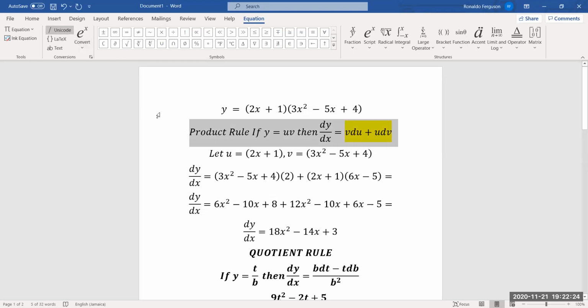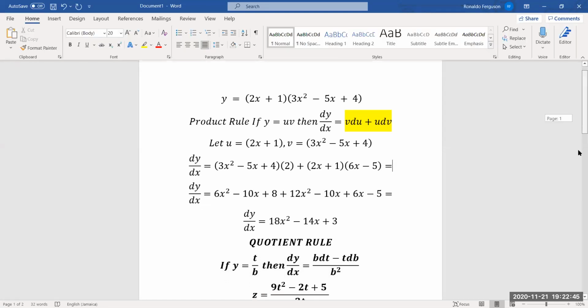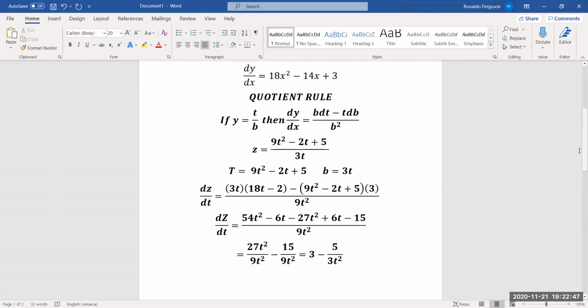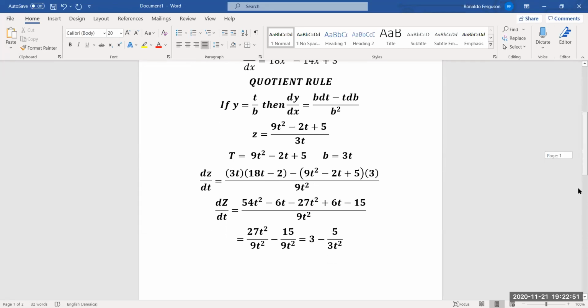And quotient rule: if y is equal to a fraction, top over bottom, then dy by dx is the bottom times the derivative of the top, minus the top times the derivative of the bottom, all over the bottom squared. That's quotient rule. All right. Cool? Yes, sir. Good.